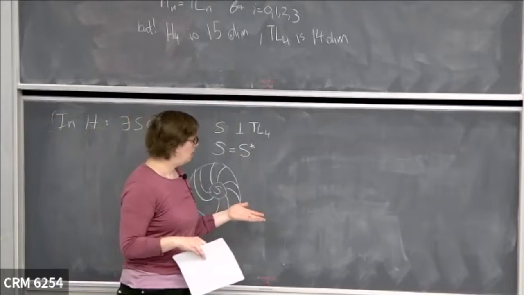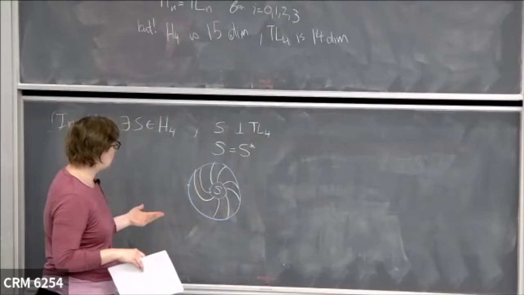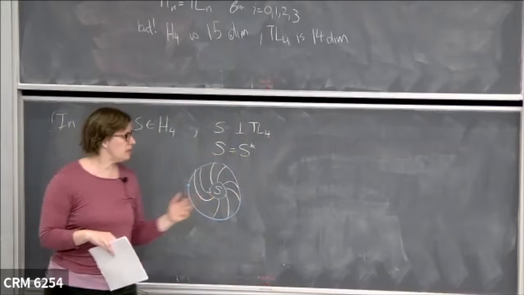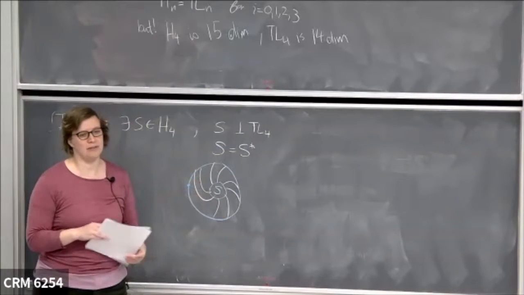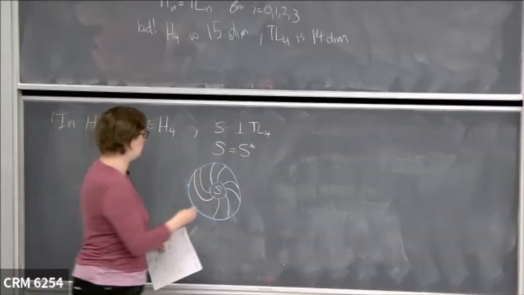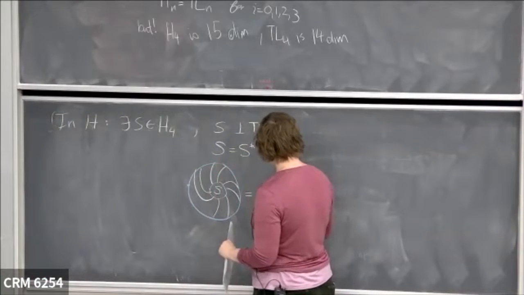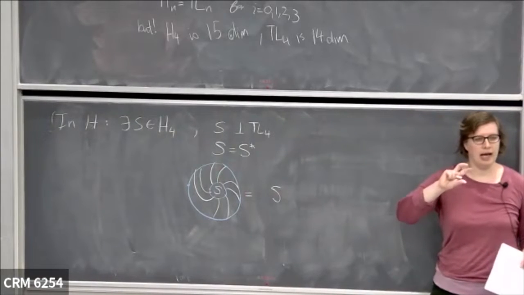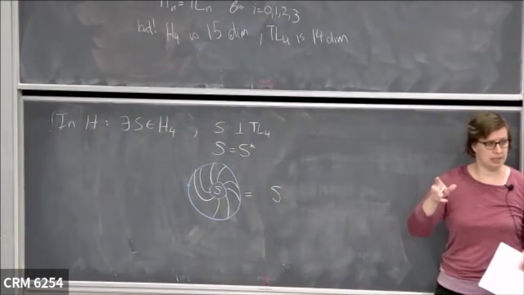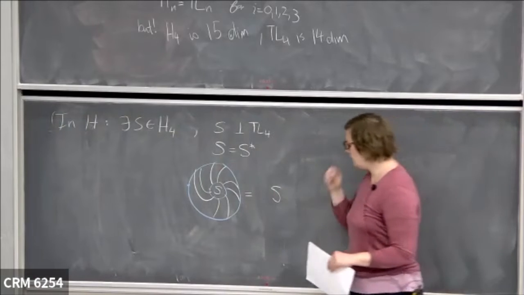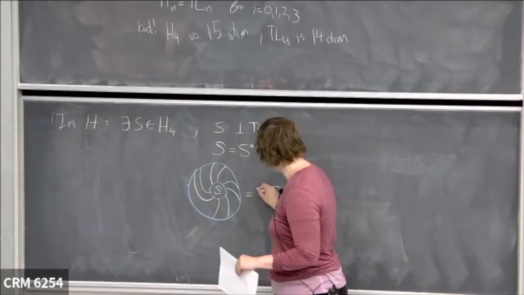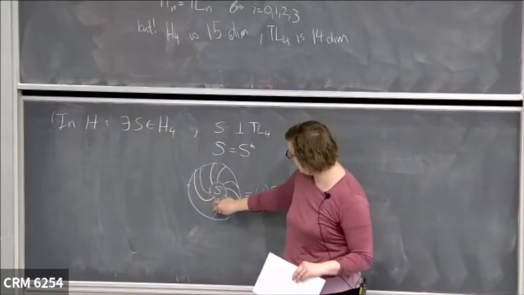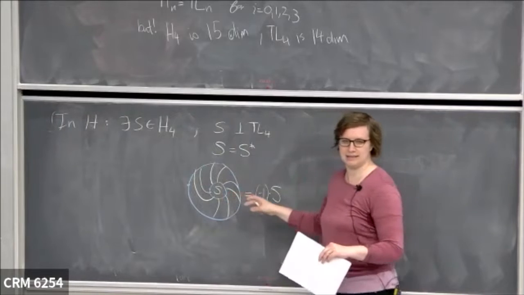So we can say that this really should still be in the span of S and Temperley-Lieb, but because we took S to be perpendicular to Temperley-Lieb, in fact, it turns out that this gives us just some multiple of S back. Okay, so S is an eigenvector for the rotation operator. And now my possible eigenvalues are 1 and -1, i and -i, if I'm rotating 2 out of 8 strands.